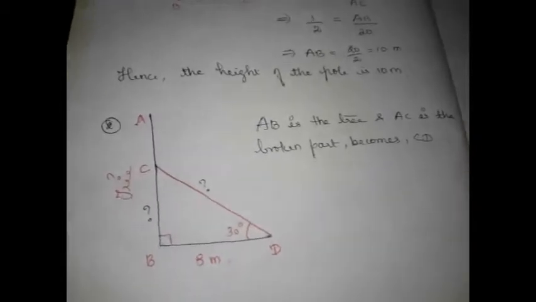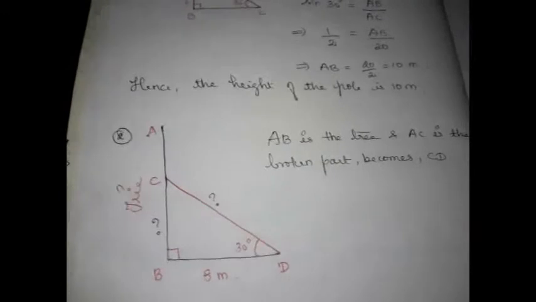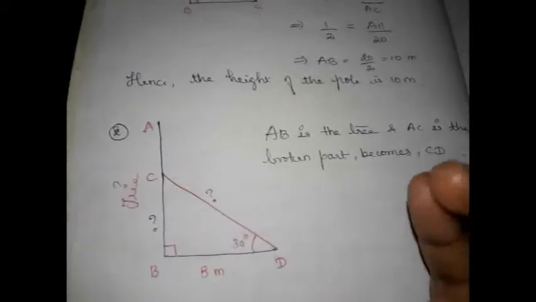So how can we find it using our trigonometric ratio? Now we know one angle and one side. This is the side related to the angle. In what way? This is the adjacent side, right? We need both the hypotenuse as well as the opposite side. So one by one you can find out. First we can find the opposite side and then we can go for the hypotenuse.